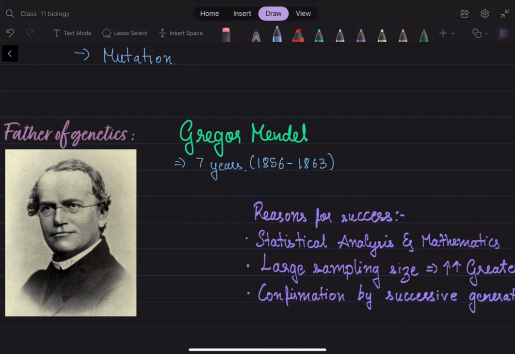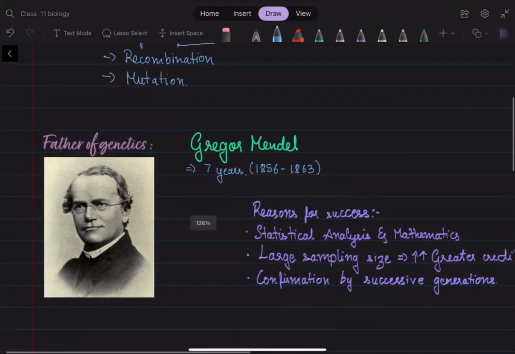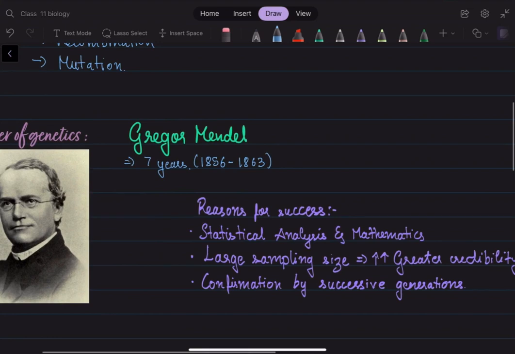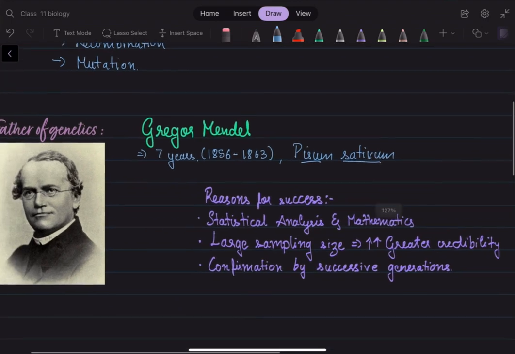So basically, in his monastery, in his garden, he performed experiments for 7 years on the plant Pisum sativum. So we know this is a pea plant, Pisum sativum, and he really succeeded in it.